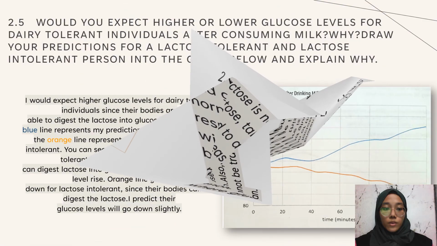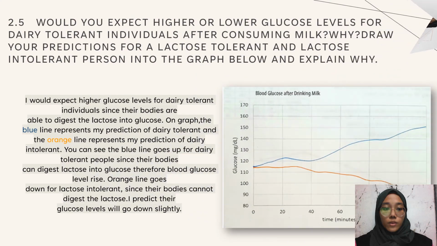For the fifth question, would you expect higher or lower glucose levels for dairy-tolerant individuals after consuming milk? Why? The answer is I would expect higher glucose levels for dairy-tolerant individuals since their bodies are able to digest the lactose into glucose.